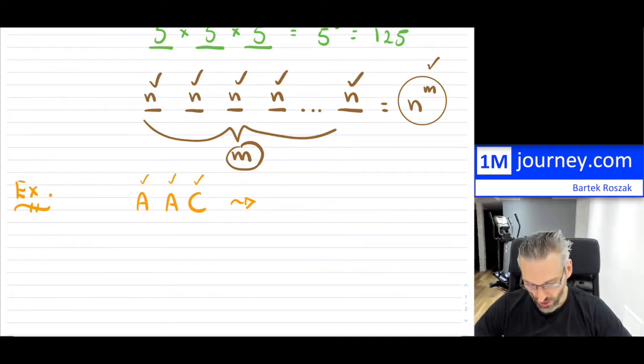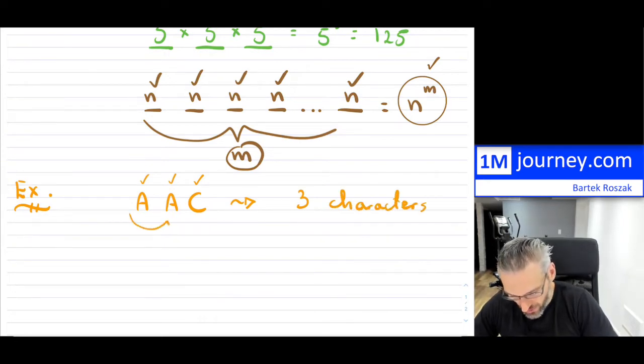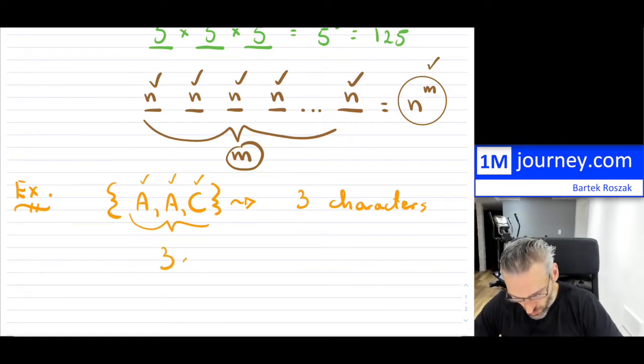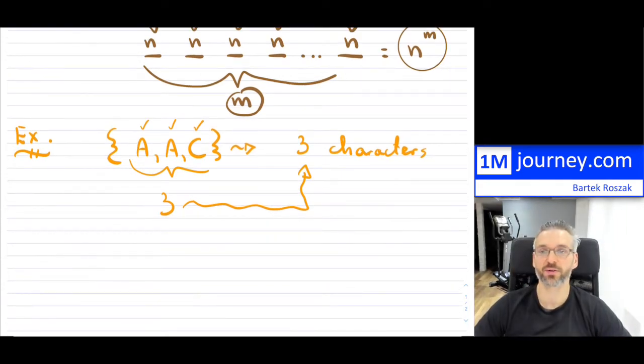How many permutations do you have now that still carry 3 characters? So I have 3 characters in my set, and I'm wondering, in how many different ways can I order these around?